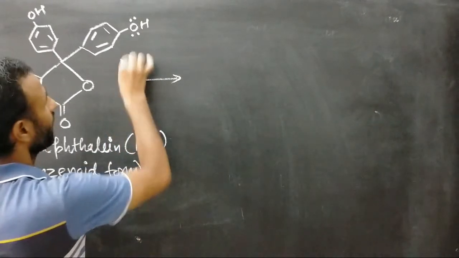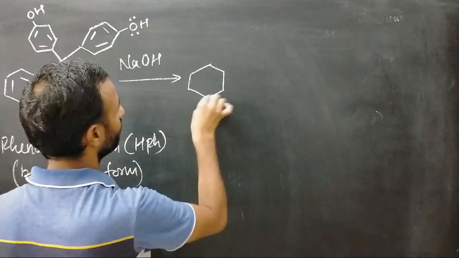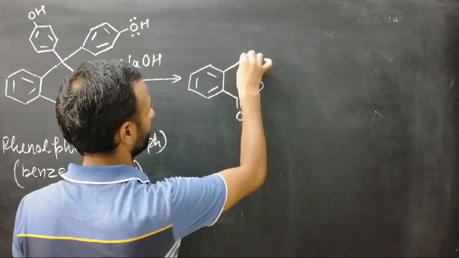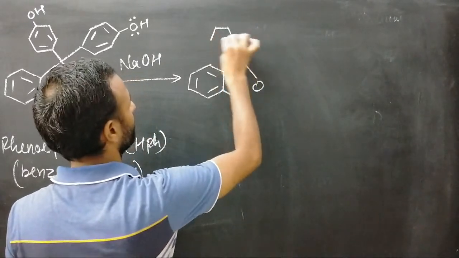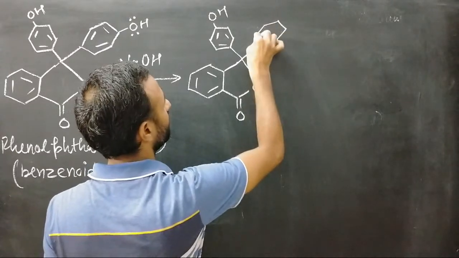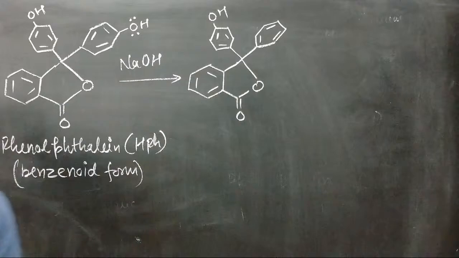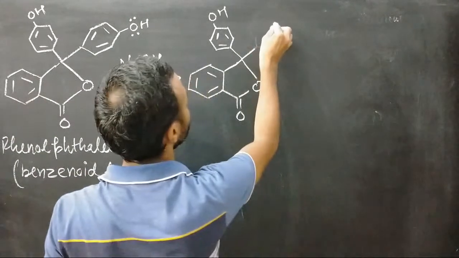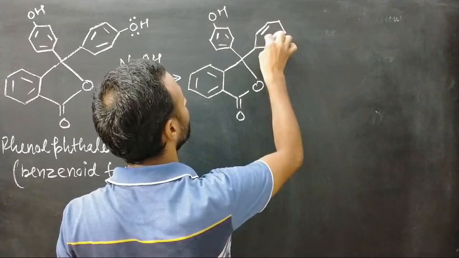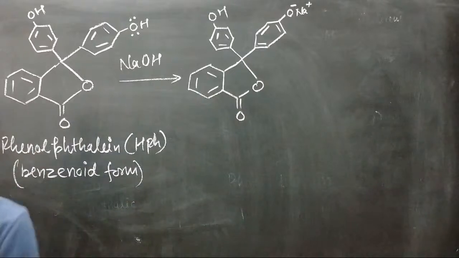Okay, now when we add sodium hydroxide, then what happened? First of all, it forms sodium salt.